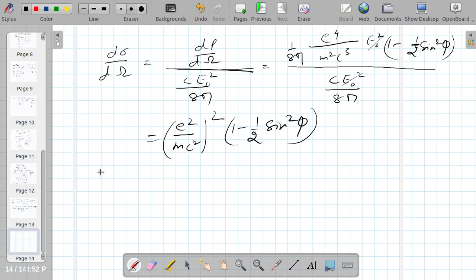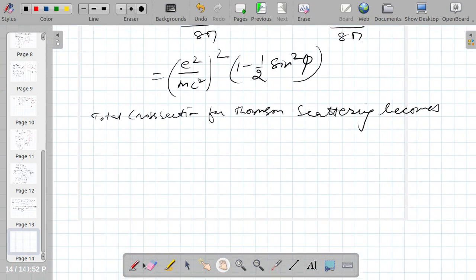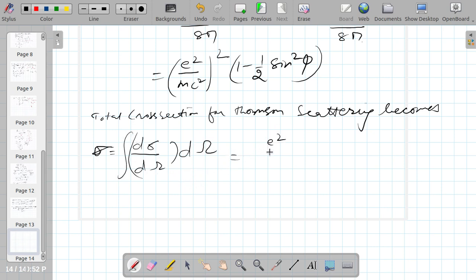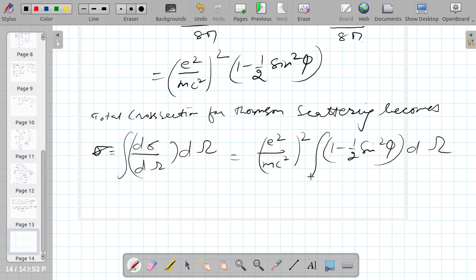Now the total cross section for Thomson scattering becomes sigma, its integral, and it is e square over mc square raised to power 2, and it is 1 minus 1 by 2 sine square phi, its integral, and this will become simply 8 pi over 3 e square over mc square raised to power 2.